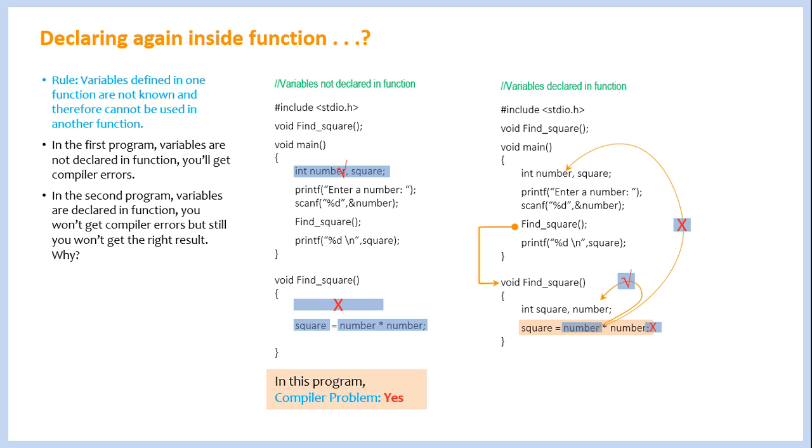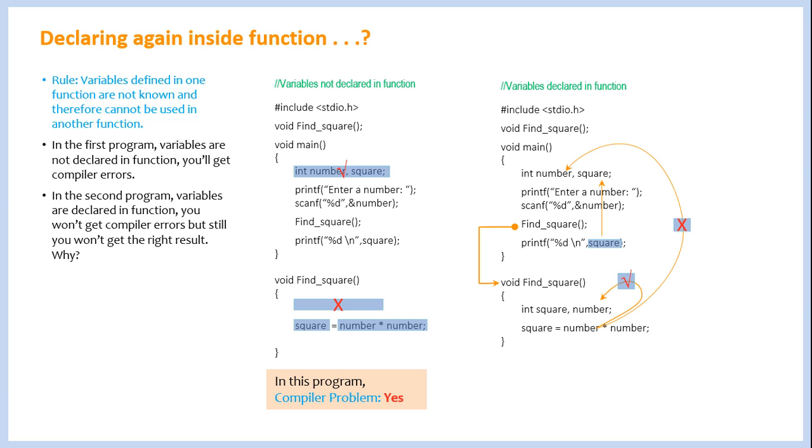Right here, note again, there are two variables having the name square. By now you can tell, while trying to display, square refers to the variable in main, not the variable in the function.